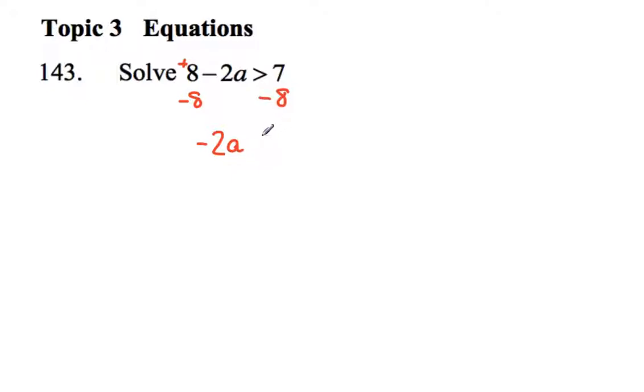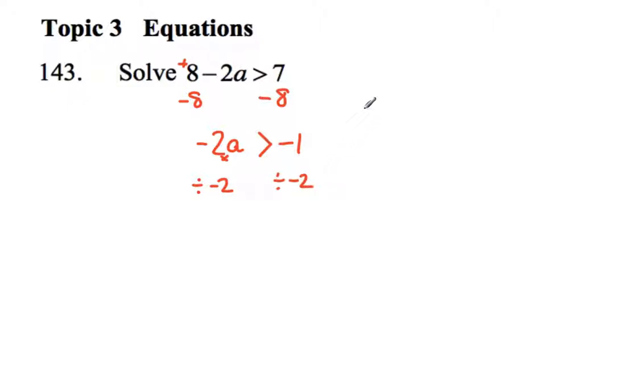So that's minus 2a is greater than, now 7 minus 8 is minus 1, we're taking away 1 more than we have there. Now that minus 2 is multiplying by the a, so we'll be dividing by minus 2 to get rid of that and leave the letter on its own.